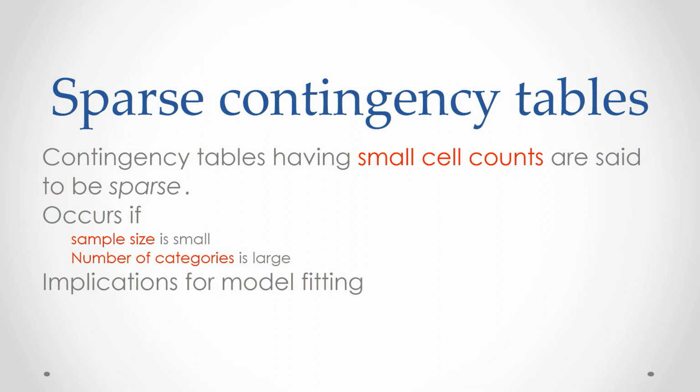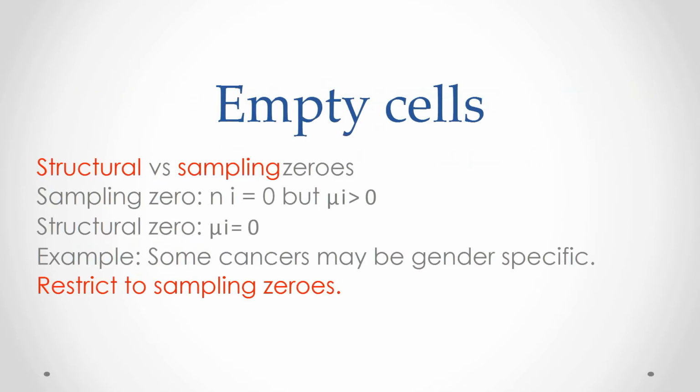Sparseness in contingency tables has an implication for model fitting, and this is what we shall explore in the remainder of this module. Let us first make a distinction between the different types of empty cells which may occur.